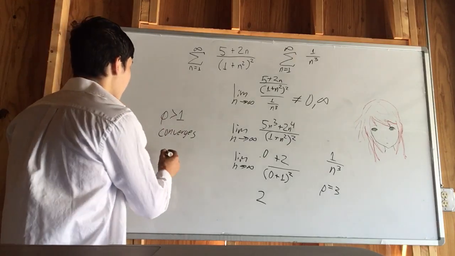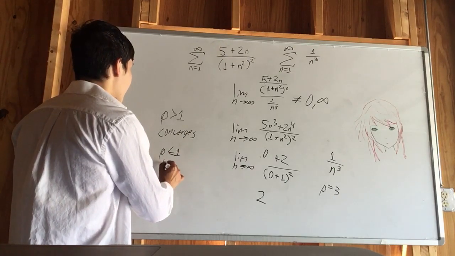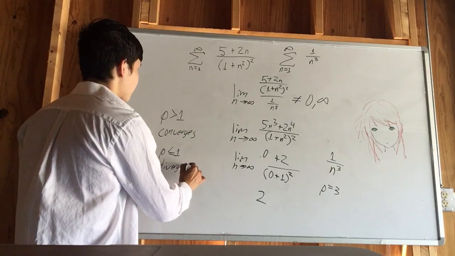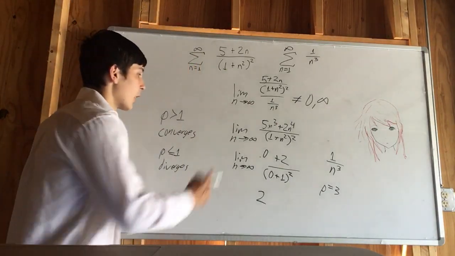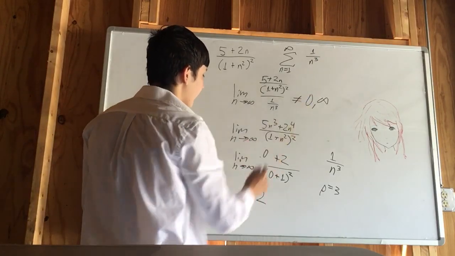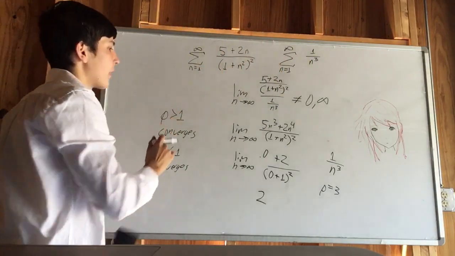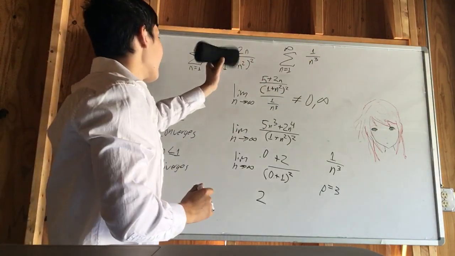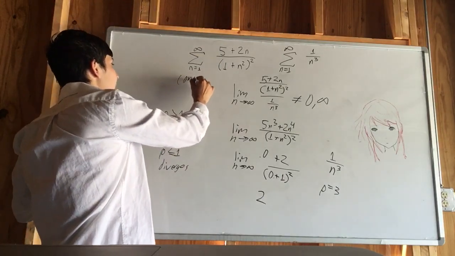So p greater than 1 converges, and p less than or equal to 1 diverges. In our case, p is 3, so this is going to converge. And because the limit equals 2, which is not 0 or infinity, whatever happens to this one also happens to the other. So if this converges, this also converges. So we have proved that this converges.